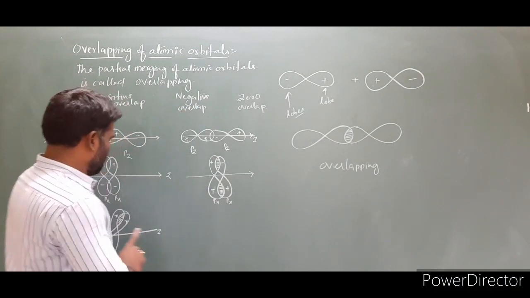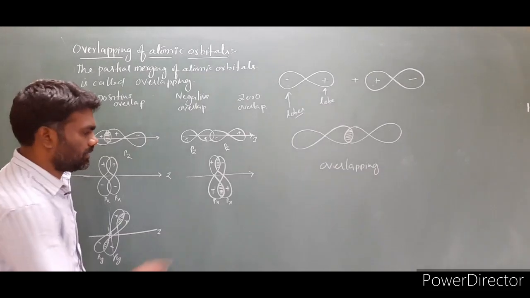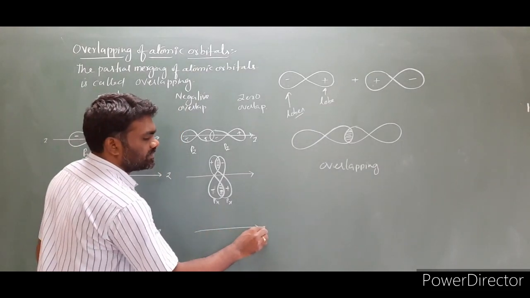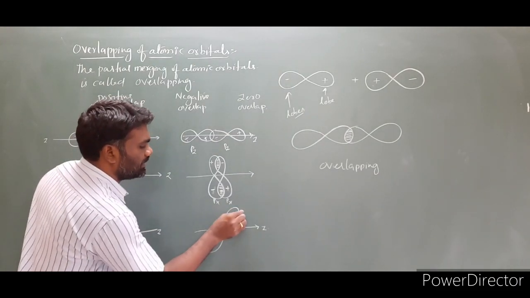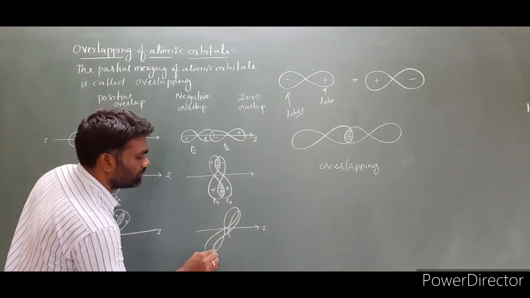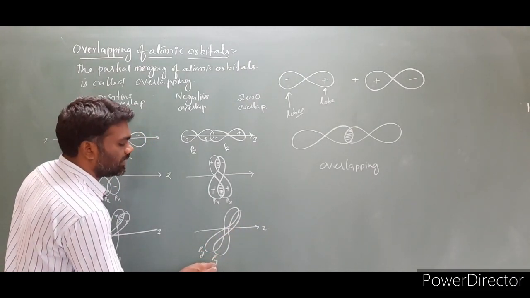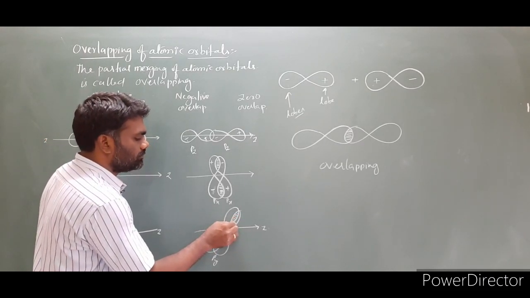And you can take py, I didn't label this, this is py, this is also a py orbital. Now I am taking a py orbital. Imagine this is the z-axis and this is one py orbital, this is another py orbital. Then this is the overlapped zone.